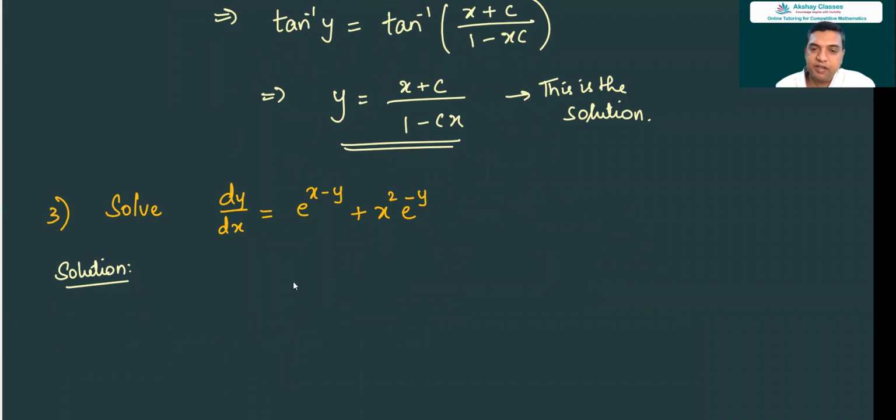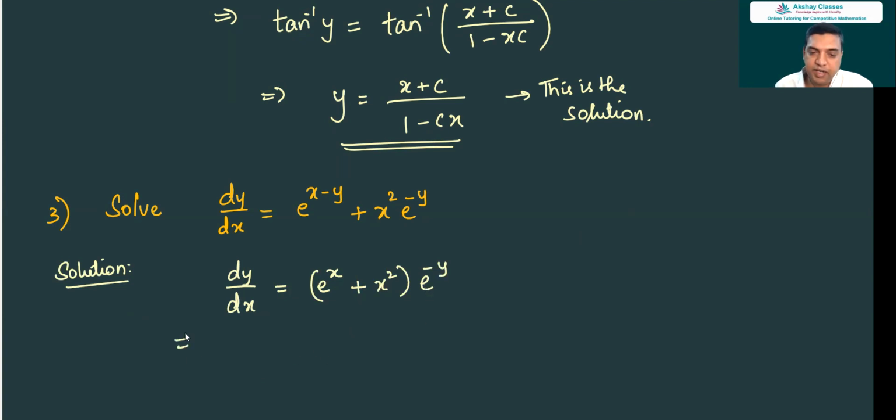So how do you separate the variables? Very easy. We can write this as dy by dx is equal to e power x into e power minus y plus x square into e power minus y, like this.